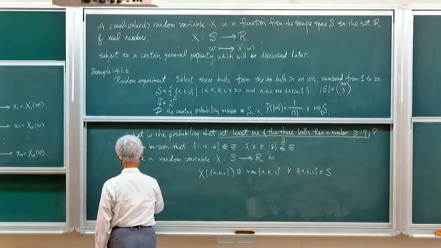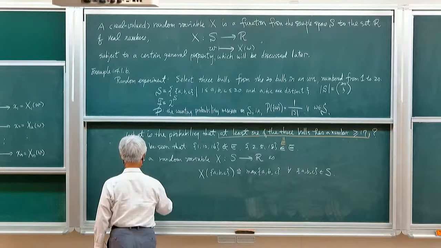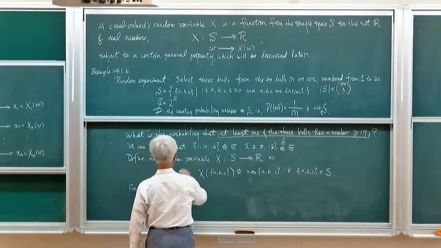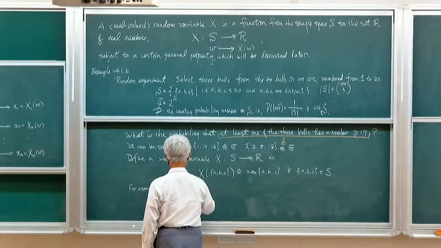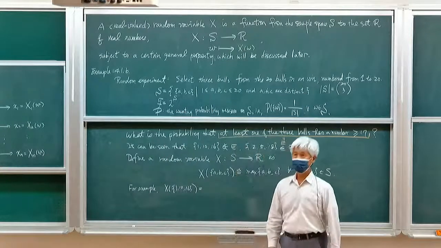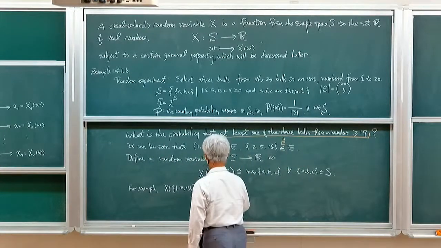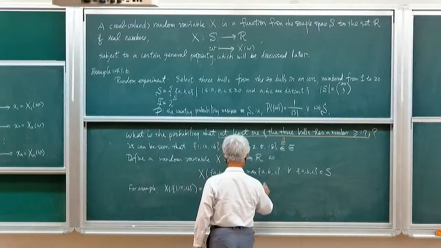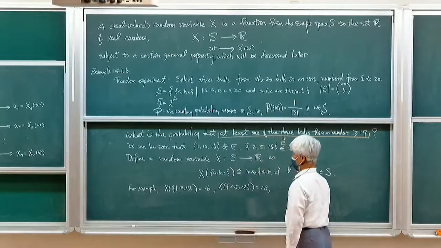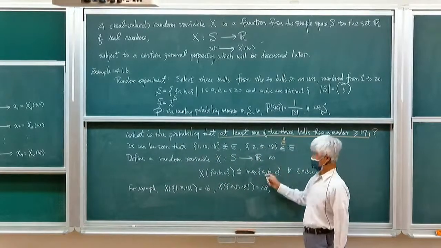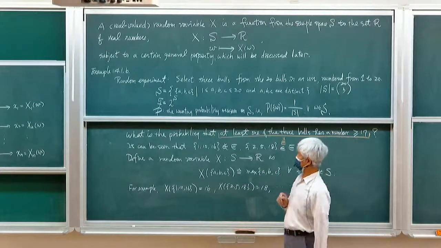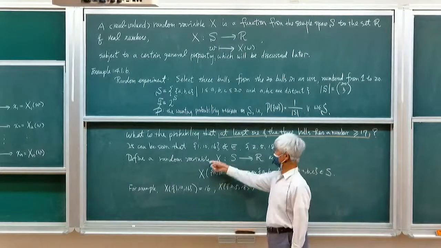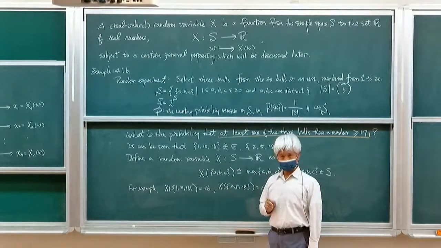For example, X of (1, 10, 16) is 16, X of (2, 5, 18) is 18, etc. So every outcome in the sample space has a value under this function X.